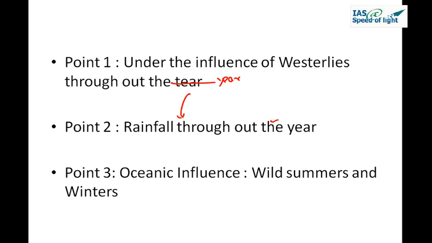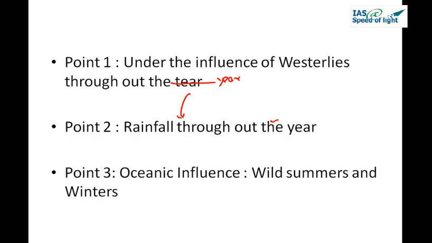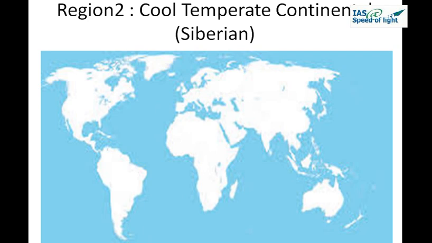Another thing we can observe here is that these regions have a lot of marine influence, and the marine influence will directly lead to mild summers and mild winters. So rainfall throughout the year, and the oceanic influence, which means less difference between summer and winter temperatures. So these are the two things we need to remember about this particular region.